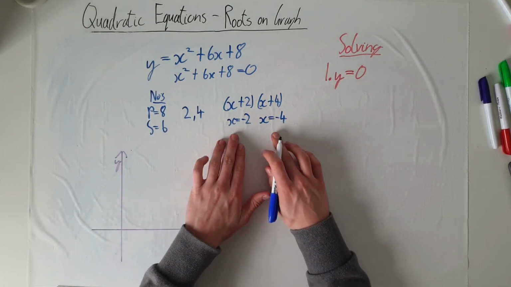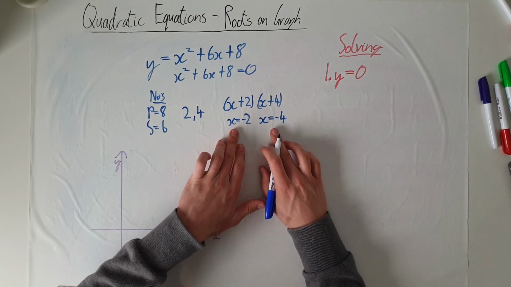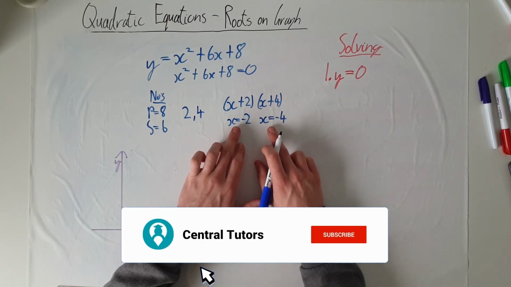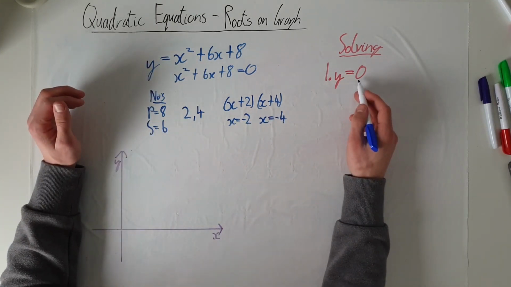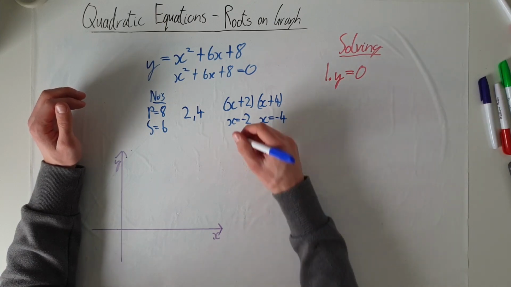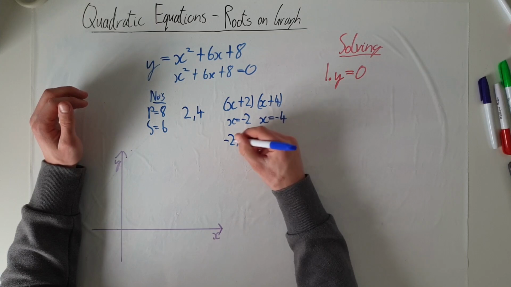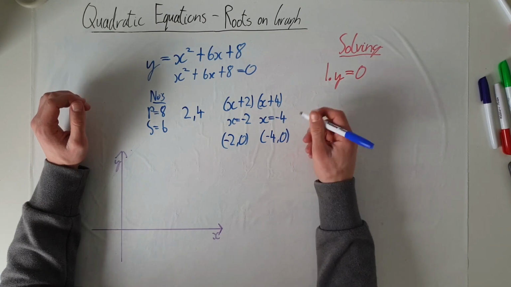And these points actually have given us our two roots for where the line intersects the x-axis. So because we set y equal to 0, thinking of this, our coordinates would then be, we know x is minus 2 here and 0 because we set y equal to 0, and we know our coordinates here are minus 4 and 0.